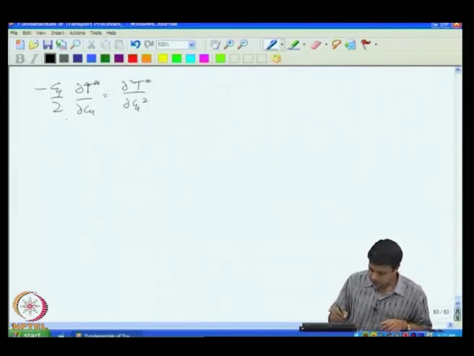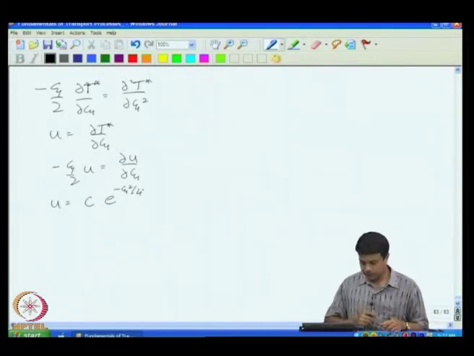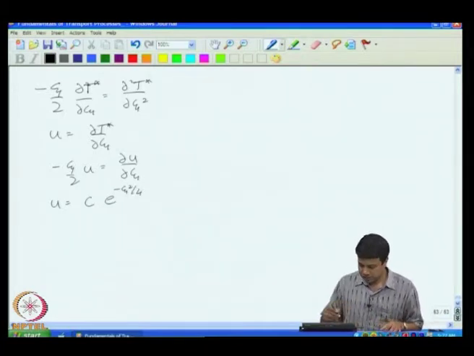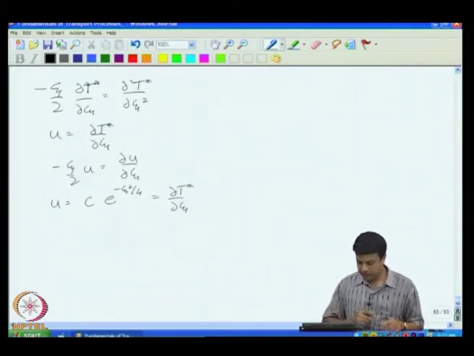So, if I define u is equal to dt star by d psi, then I will get minus psi by 2 u is equal to du by d psi, and u is equal to a constant e power minus psi square by 4, and this is equal to dt by d psi.